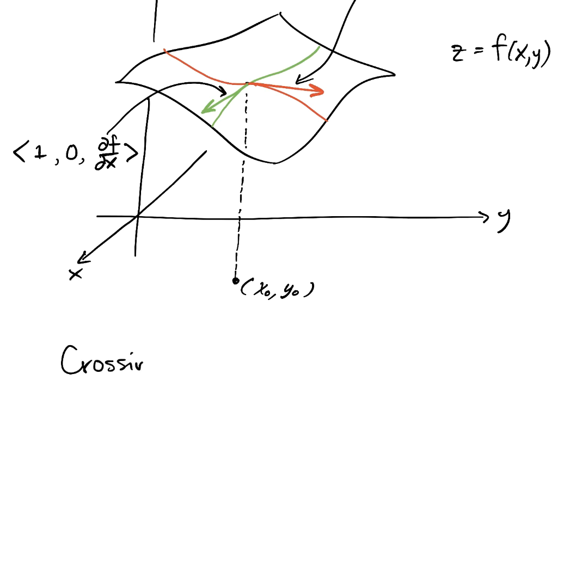Crossing these vectors, we obtain a normal vector n. Normal meaning perpendicular, in this case, perpendicular to the surface.